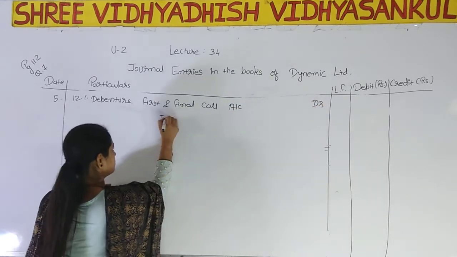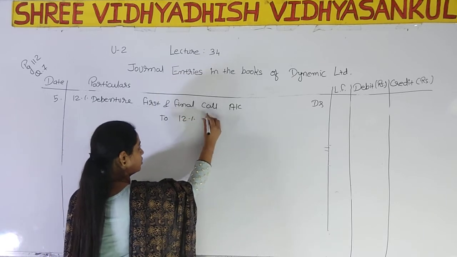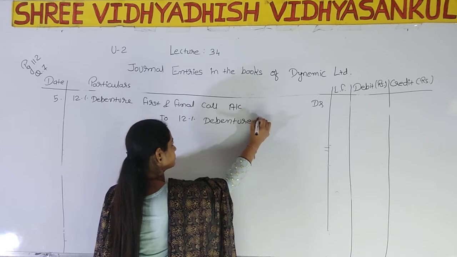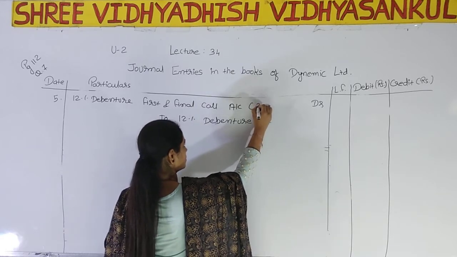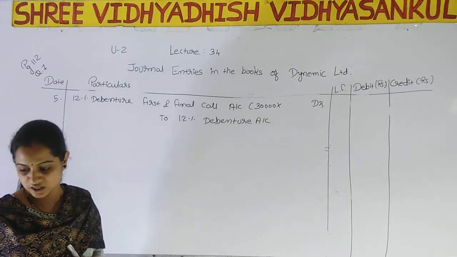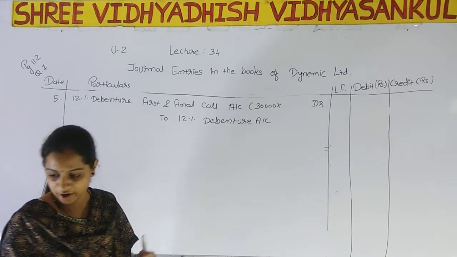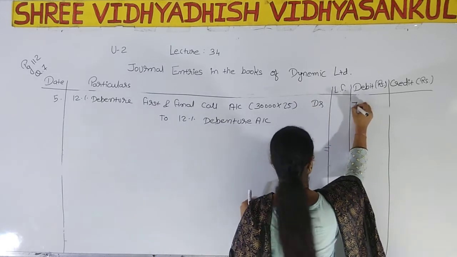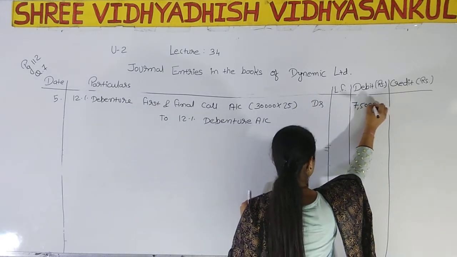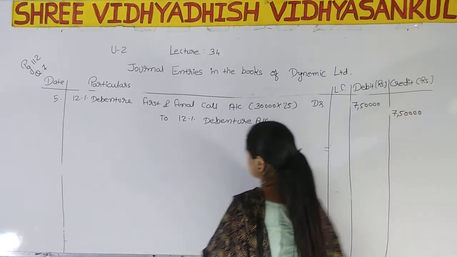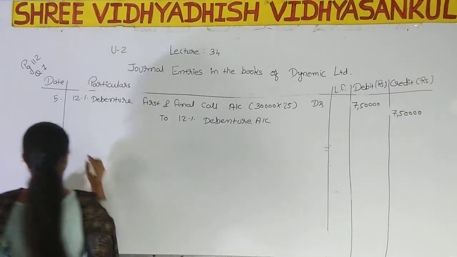In 2 question માં જાય તો વહી નામ લખી નાખવાનું. 12% debenture account, 30,000 debentures into, we have demanded 25 rupees. That means we'll total receive 7,50,000 rupees. Right? So this is the demand amount.